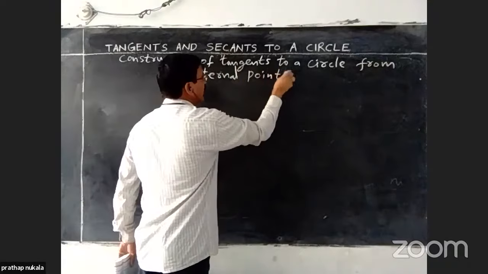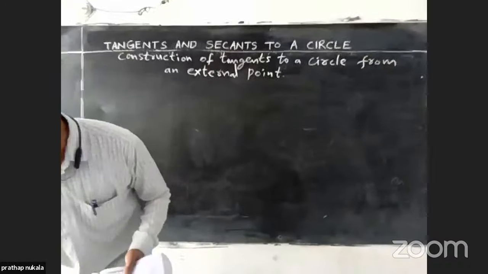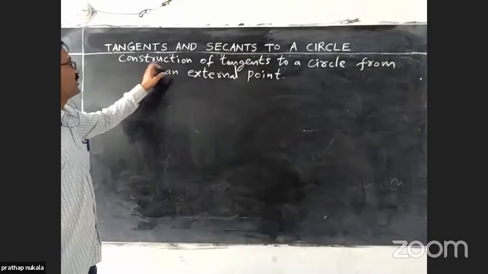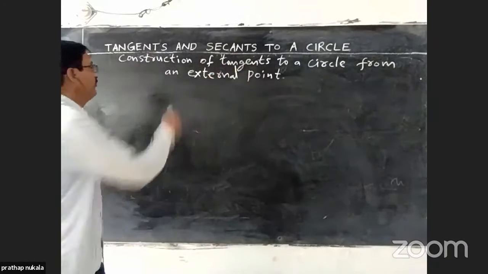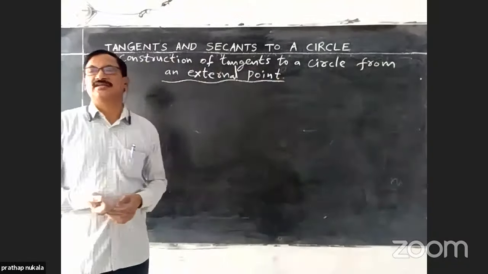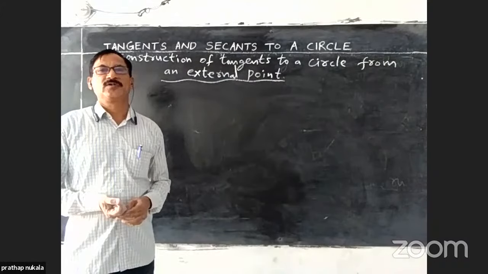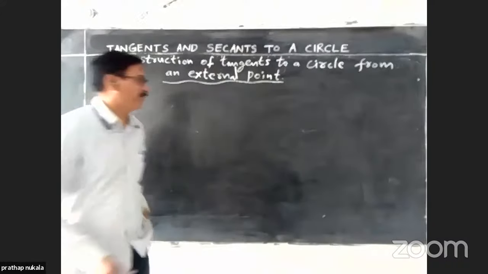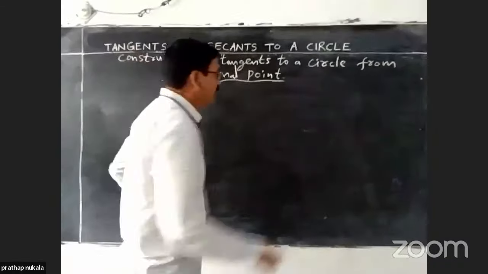External or outside point or exterior point, all are same. We have to perform construction of tangents to a circle from an external point. Very, very important. For any construction, what is the first step? We have to draw a rough diagram. For this also, I am drawing a rough diagram.